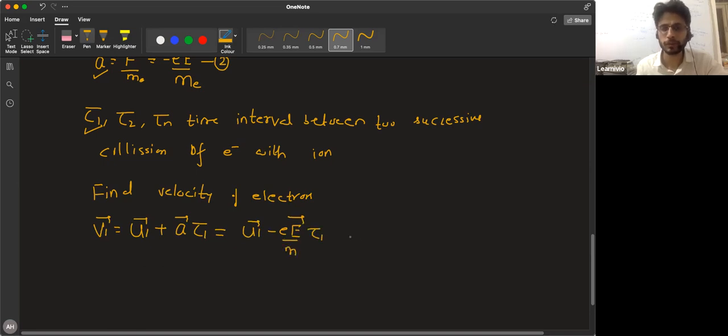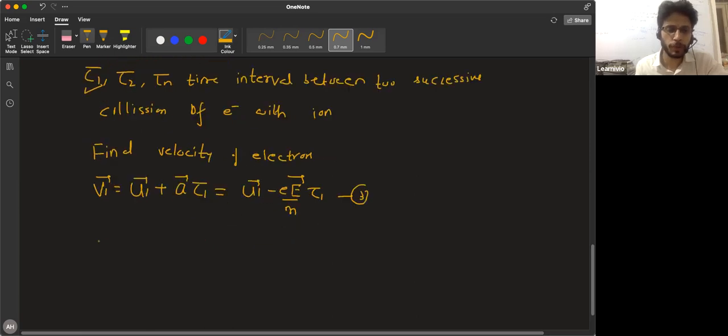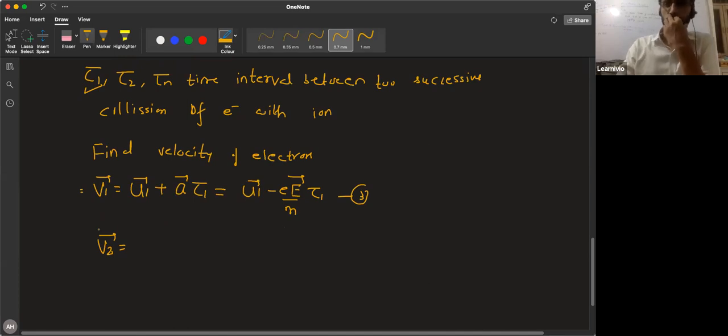That's my third equation. What will be the equation for the velocity of the next electron? This is for the first electron. Then what will be the velocity of the next electron? Sir, U2 plus a tau. Miraj, what is this tau exactly? The interval between two successive collisions, sir.